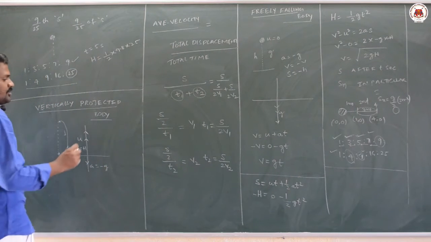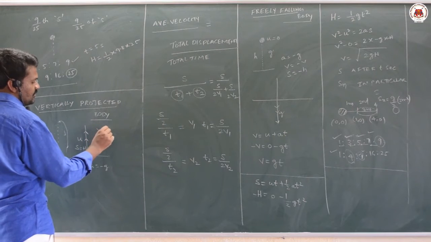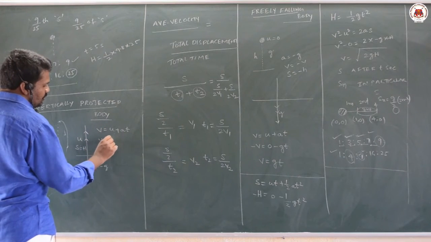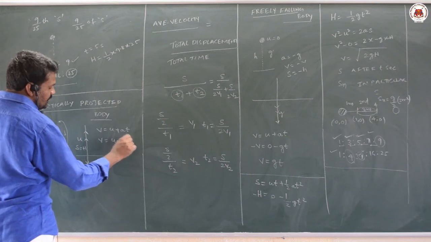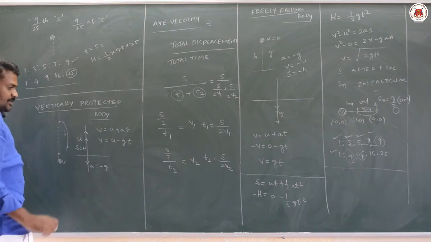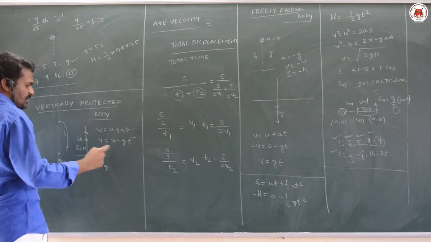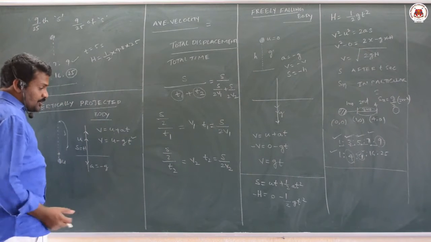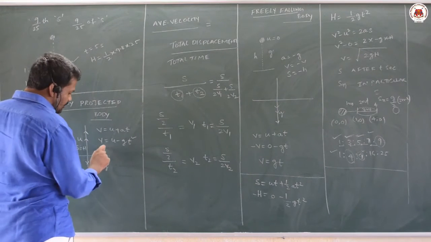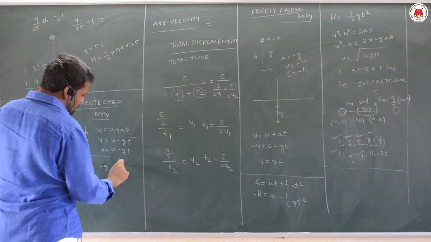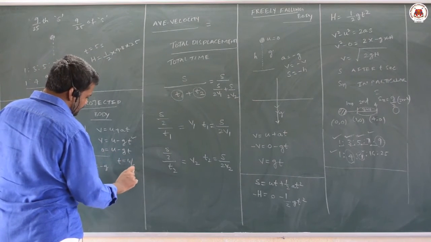Therefore, if you apply the formulas, v is equal to u plus at, v is equal to u minus gt, that means velocity decreases as time progresses, and there is a possibility to get 0. The time where you will get 0 is called the time of ascent: u minus gt equals 0, that is t is equal to u by g.